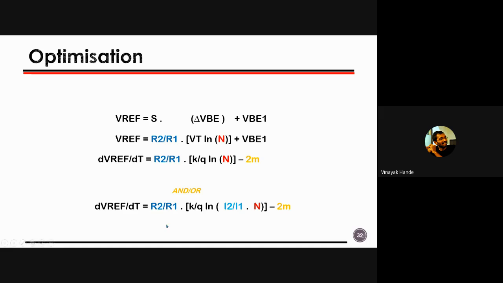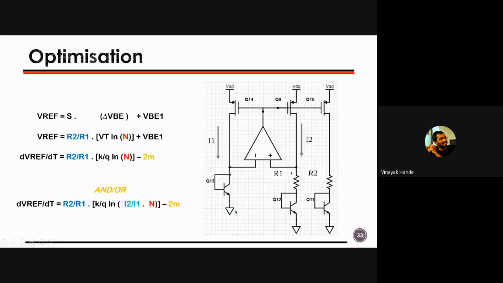Another thing you can consider is, okay, constraints are the same. I cannot increase R2 by R1, and I cannot do anything about k by q. It's a constant. Then if you are not allowed to increase N as well, then what you can do is change the ratio of I2 by I1. And what is I2 by I1?